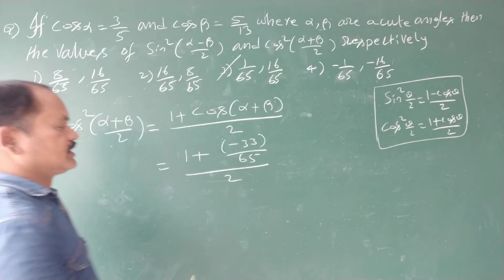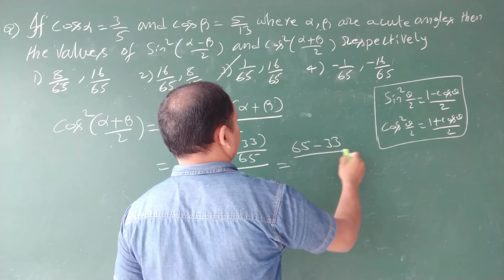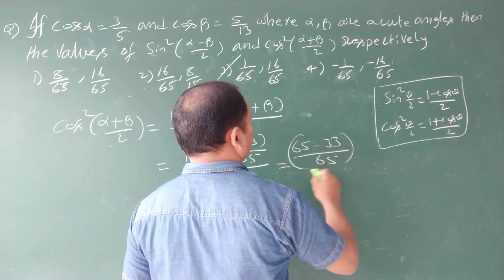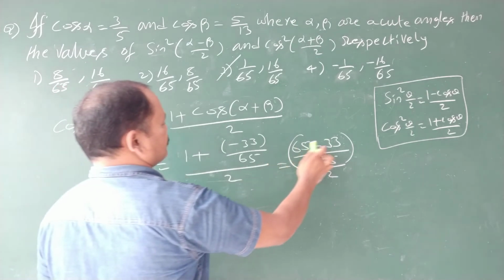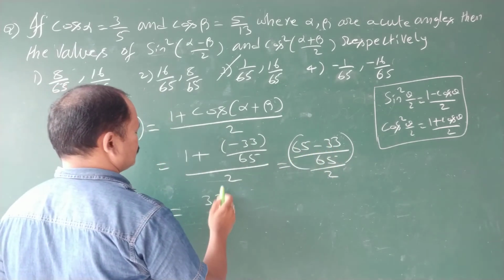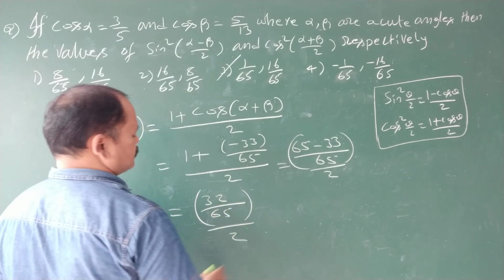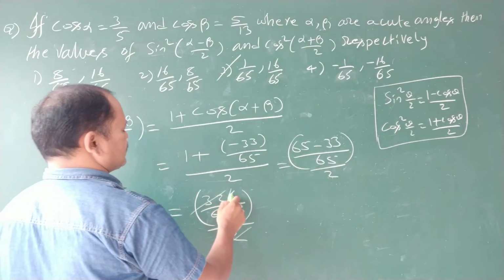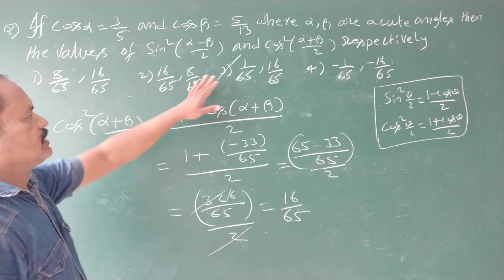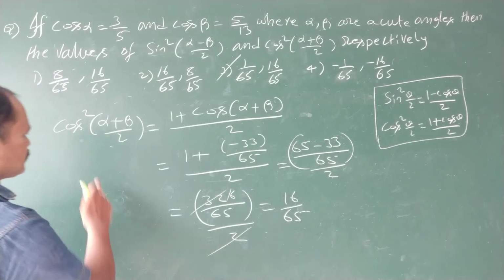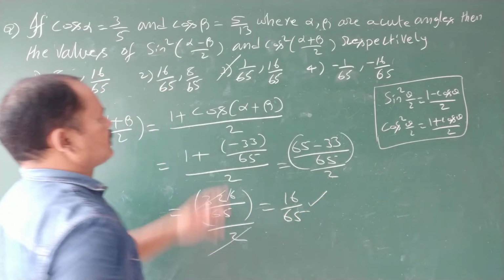Take LCM here: (65 minus 33) by 65, whole by 2. Now it gives 65 minus 33, that is 32 by 65, whole by 2. Now 2 16s get cancelled. That's why it is 16 by 65. So cos square (alpha plus beta) by 2 is 16 by 65. That is the third option.